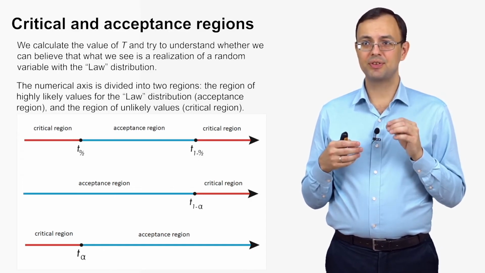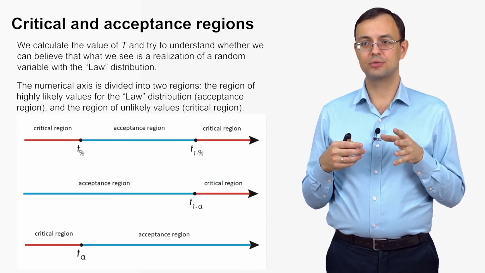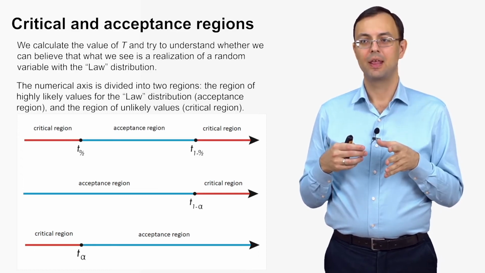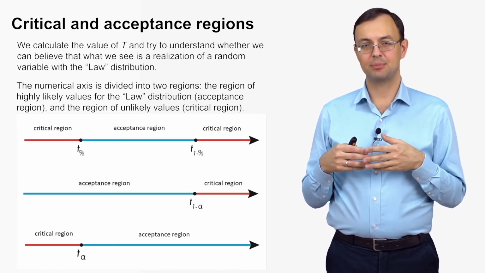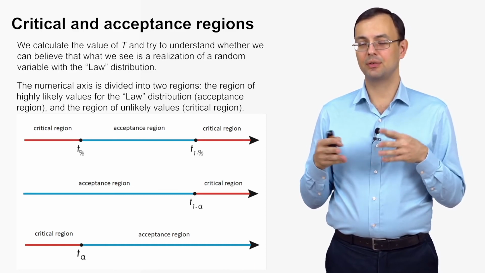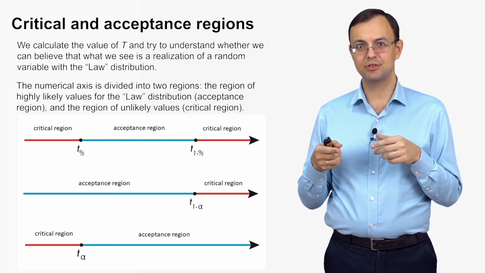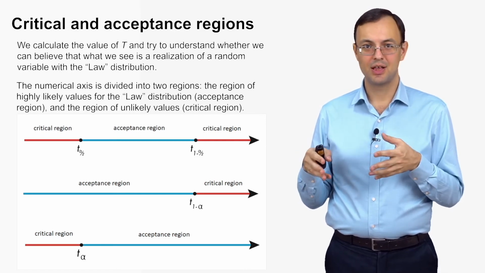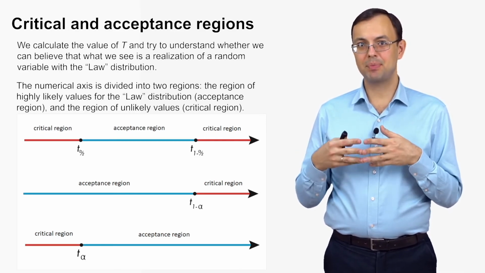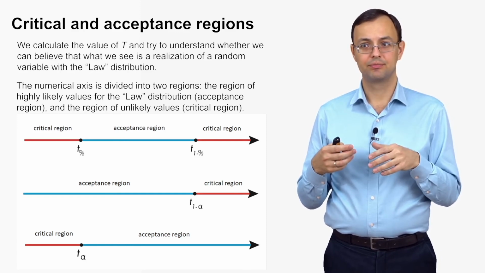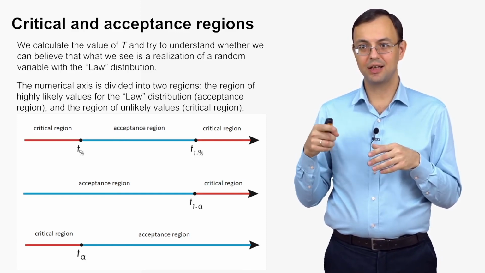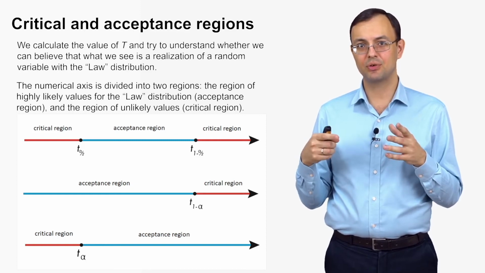And for example, this value falls into the acceptance region. But why does it fall into the acceptance region? Because the border between the acceptance region and the critical region is as it is. And the border depends on alpha, as it is a quantile, and the level of the quantile depends on alpha.